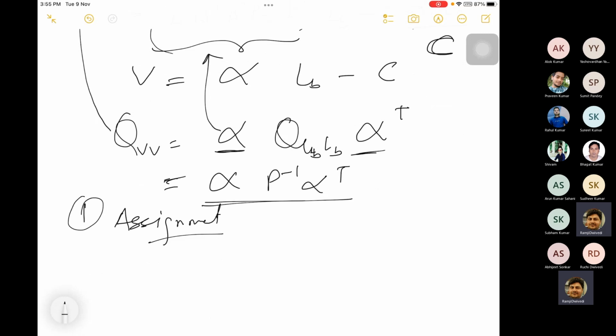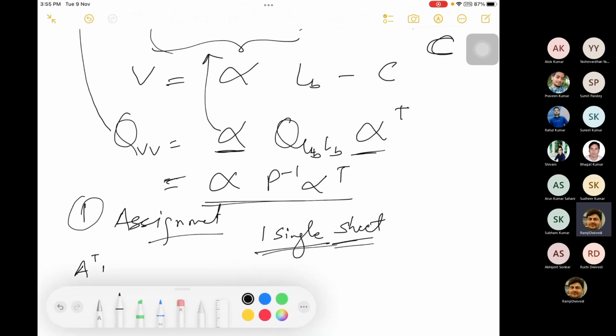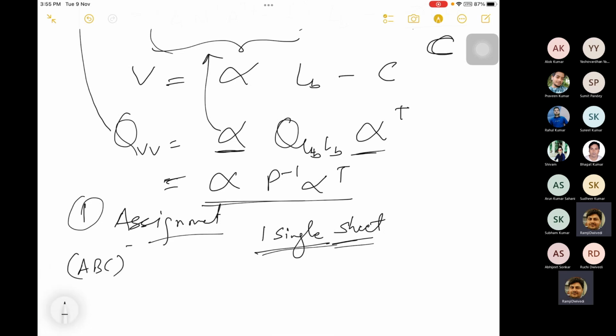One single sheet you have to attach and send back to me. Because if you revise your basics on how to take the transpose, again I'm just revising that ABC transpose is C transpose B transpose A transpose. These kinds of formulas you have to get back from your matrix basics. Then only you can solve it. But it's very easy. In 7 to 8 steps, you will get the solution.